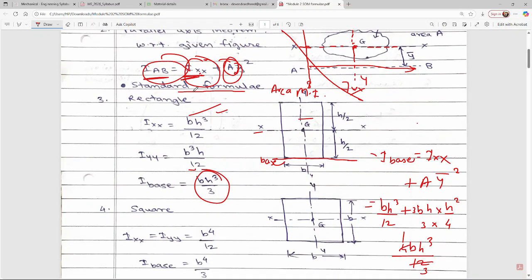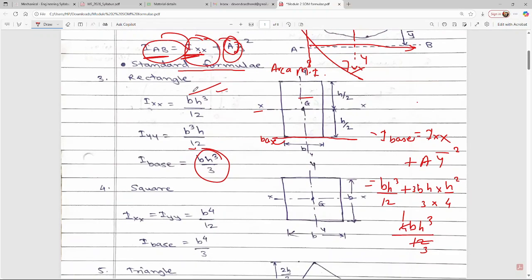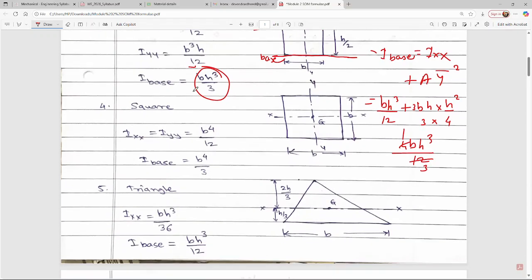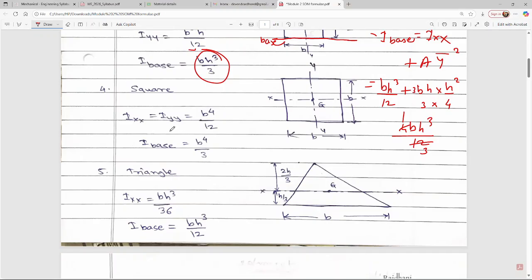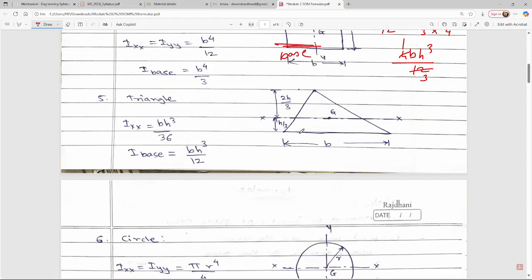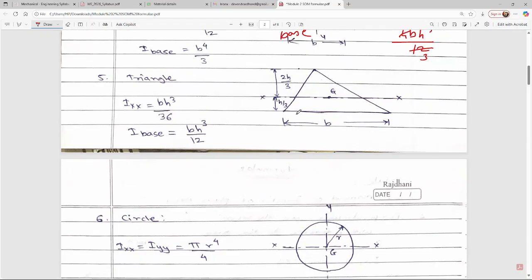Okay, I have provided you this PDF, so you can easily grab this and please note down all of the formulas in your book, so you can easily access them for the next problems when we solve. Okay, so for the triangle you can take I base. Here we can take this base. Okay, here it is b h cube by 36 for IXX only.